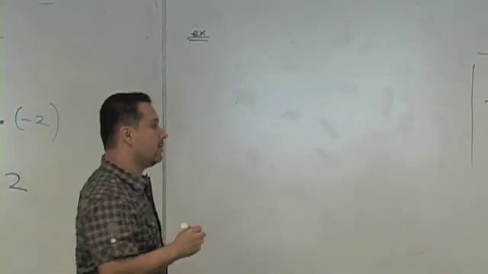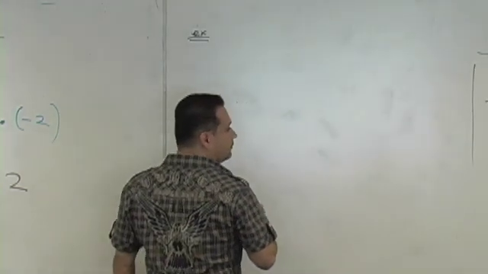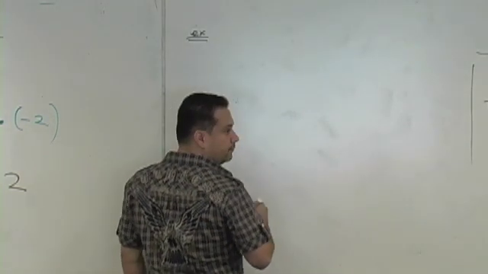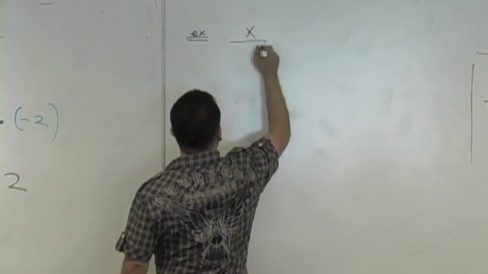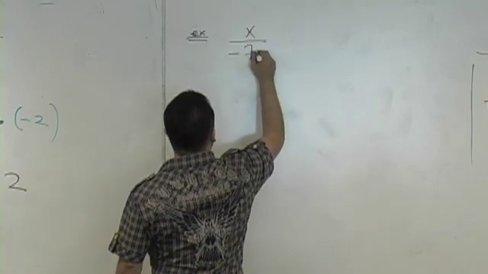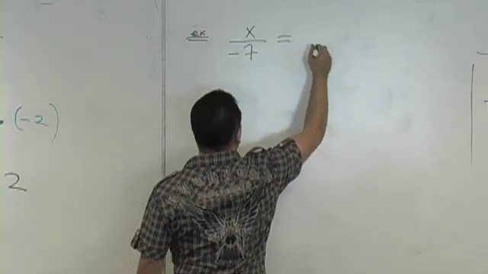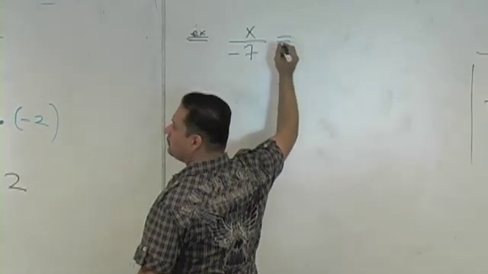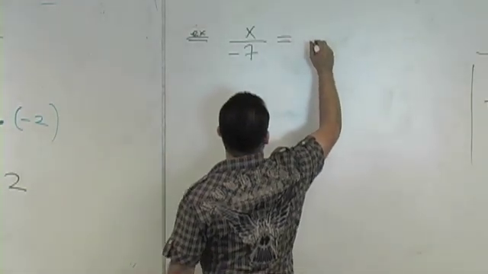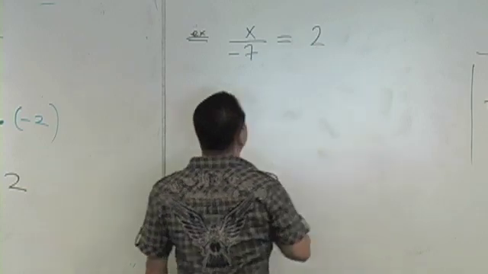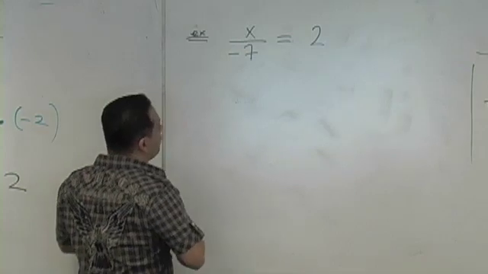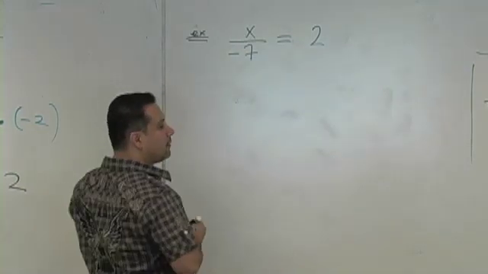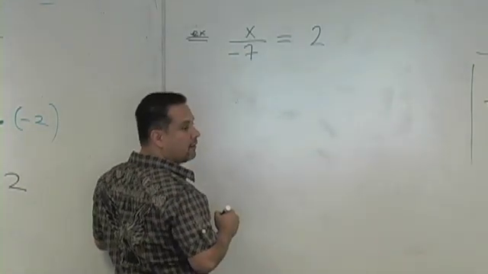All right, how about this question now? x over negative 7 is positive 2. So what do you multiply to both sides? Negative 7.